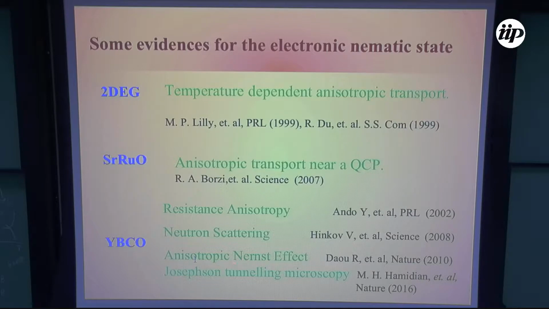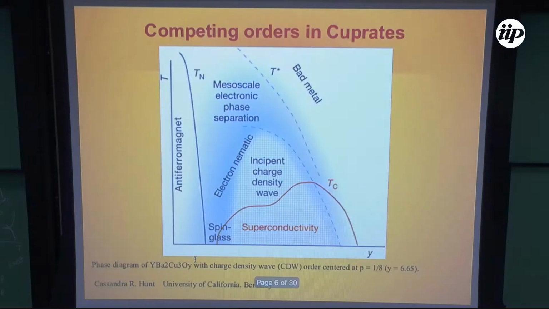Also in the Nernst effects, and one of the last experiments uses Josephson tunnel microscopy, where you can see this type of anisotropies in the density in the responses. Okay. So I put here this drawing of the phase diagram of cuprates.